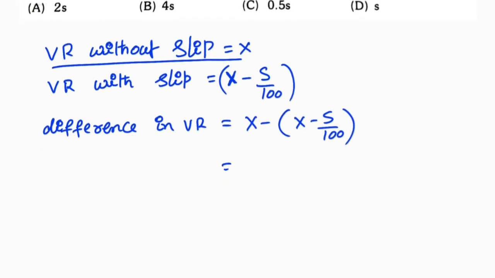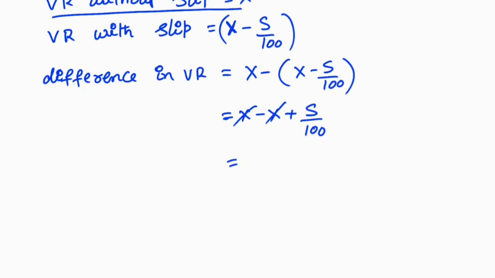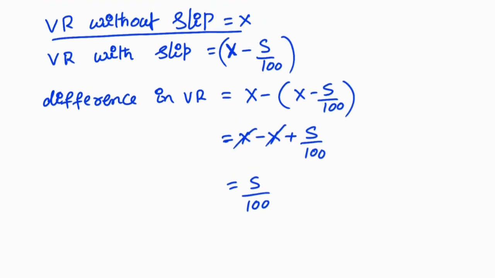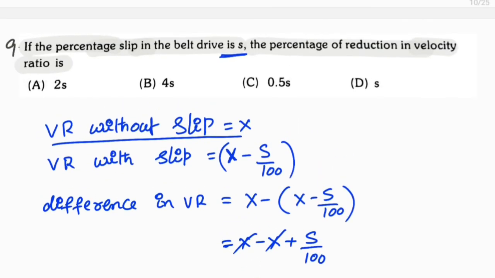Let us simplify this value: x minus x plus xs by 100. The x cancels. Finally the difference is s by 100. But it is asked percent of reduction in velocity ratio.